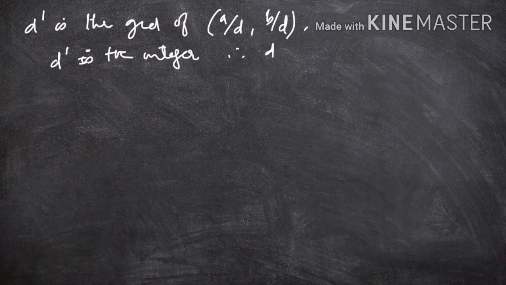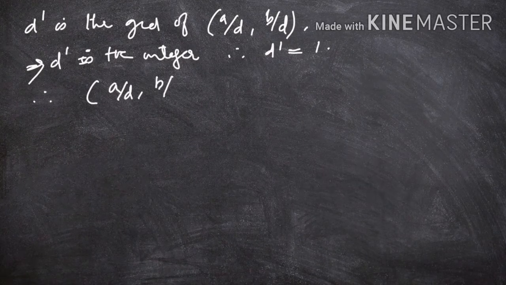Therefore D dash is equal to 1. Therefore we have proved the first result: GCD of A by D comma B by D is equal to 1.